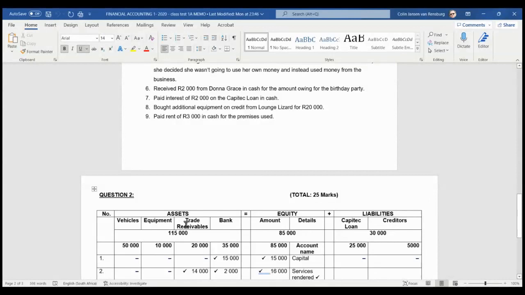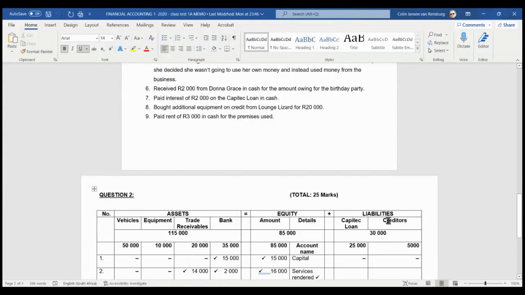Doesn't matter. We'll see later on when we get to the financial statements, whether you call it debtors or whatever, when you disclose it on the face of your statement of financial position, you're going to disclose it as trade and other receivables, if there are other receivables, which we'll talk about in the future.